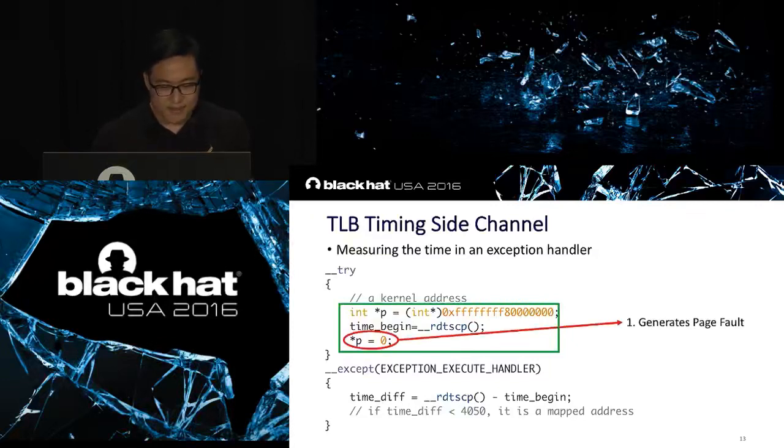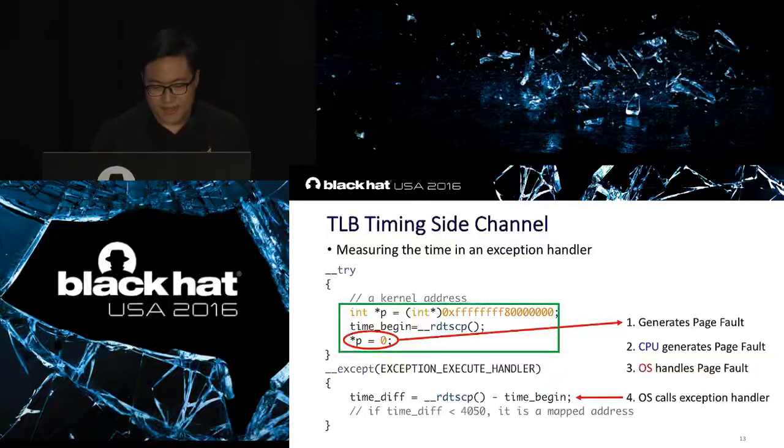Then the processor will generate a page fault, the operating system will handle this fault, and finally it will call back our exception handler. At the exception handler, we mark the timestamp again. Then we can measure the timing between before accessing the kernel address and after the page fault happens.